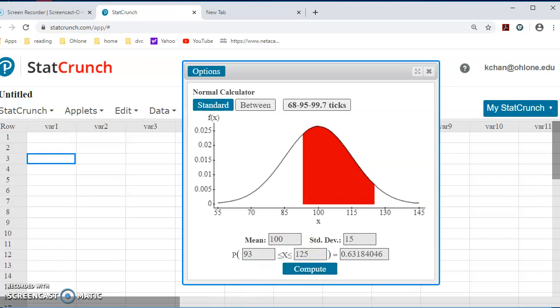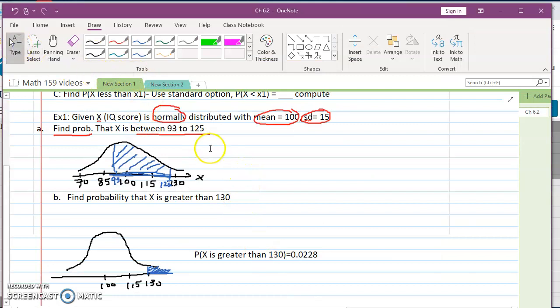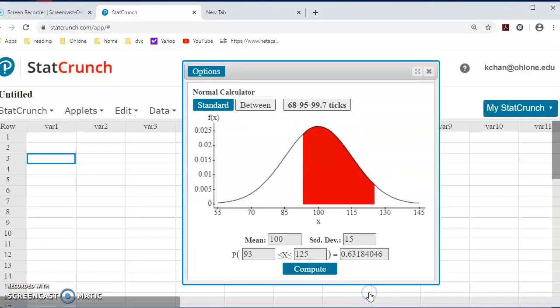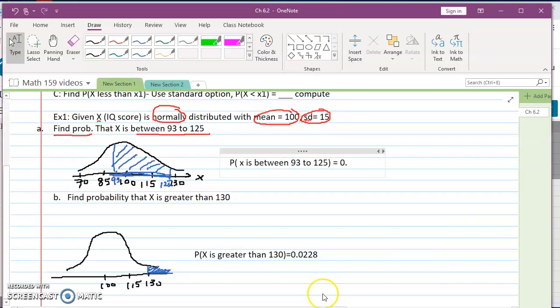So you go back to your paper and you say probability of x is between 93 to 125 is equal to, oh gosh, I forgot what the number is anymore, 0.6318. So that's how you do in between.